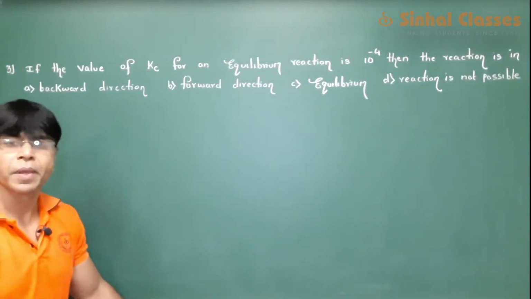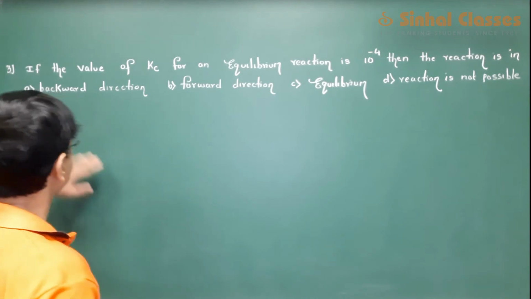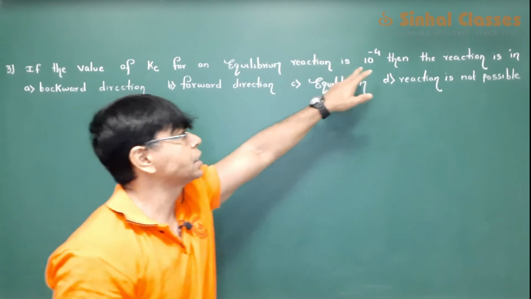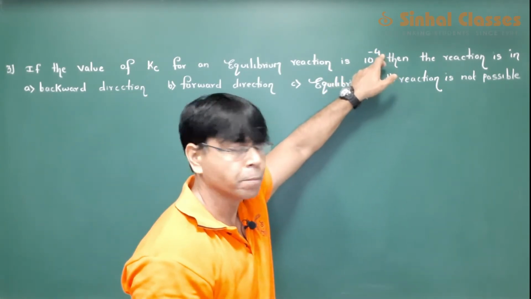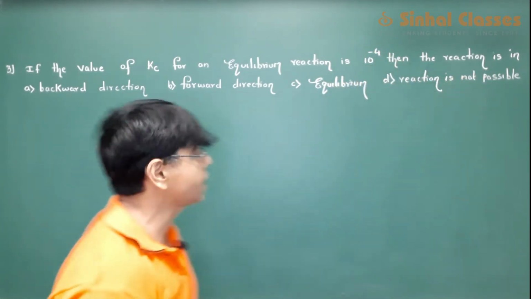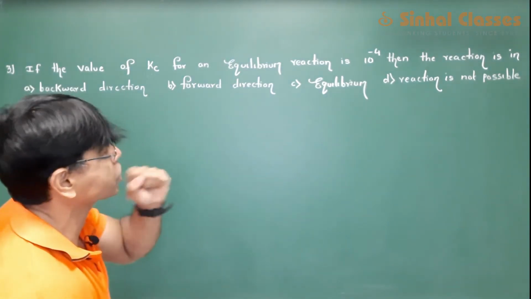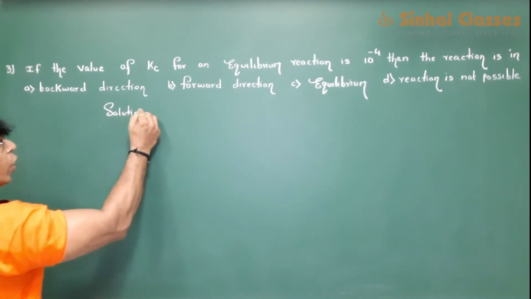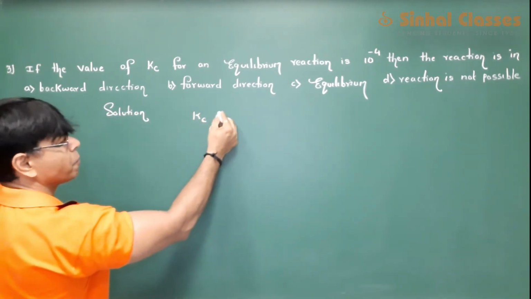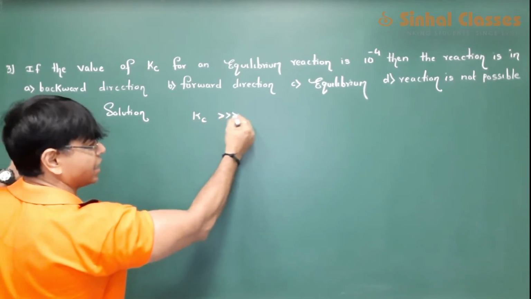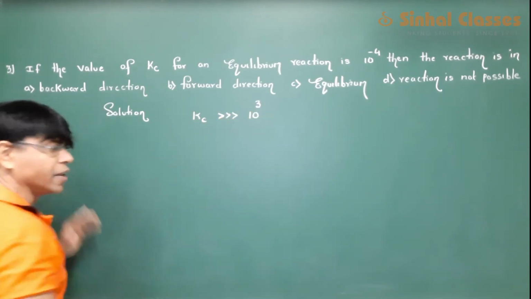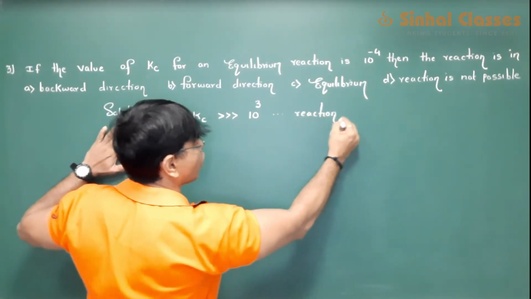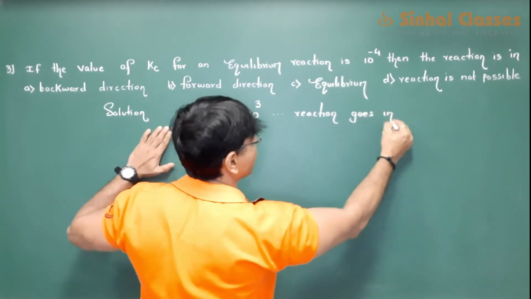Okay students, let's see one more interesting question. If the value of Kc for an equilibrium reaction is 10 raised to minus 4, then the reaction is in which direction? Now, we all know if Kc value is greater than 10 raised to 3, then the reaction goes in forward direction.